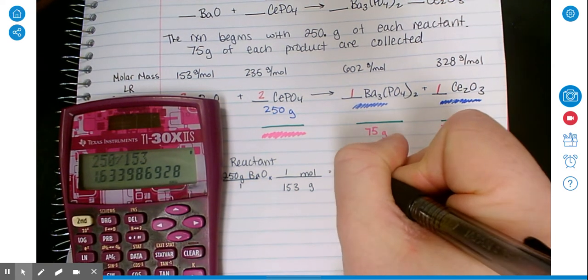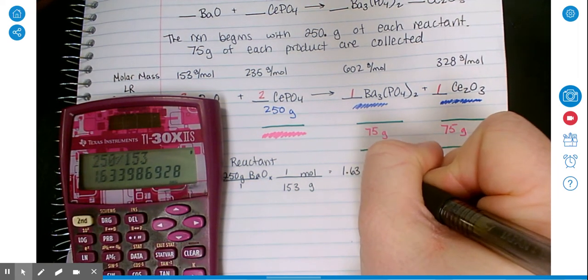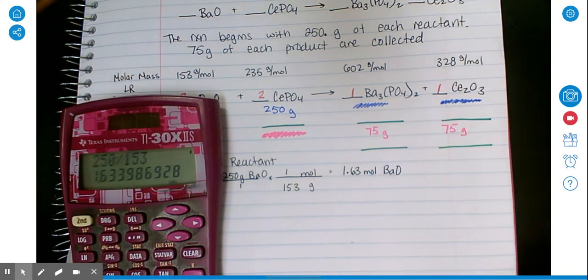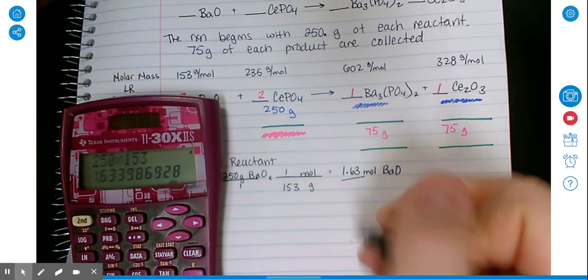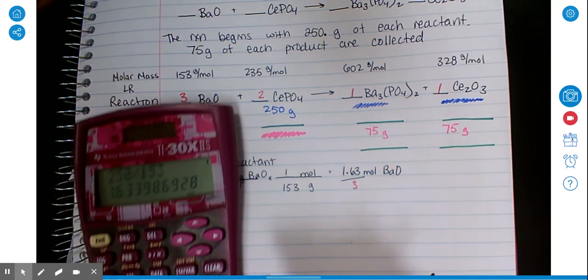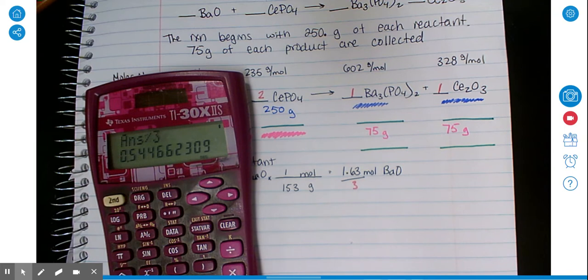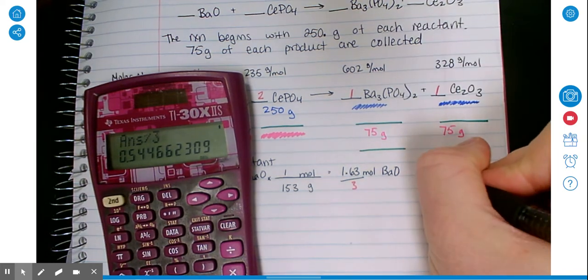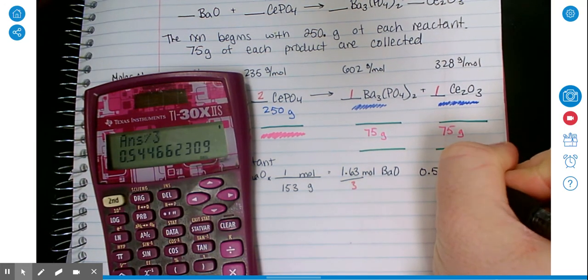I end up with 1.63 moles of barium oxide. Divide that by my coefficient, which in this case is 3. And my value for barium oxide is 0.545.